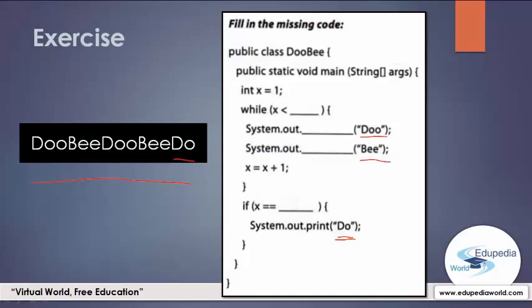And now here we have to decide whether to use the print statement or the println statement. As the output is on the same line, we have to use the print statement rather than the println statement. So this should be a print statement. And the same goes for this line.